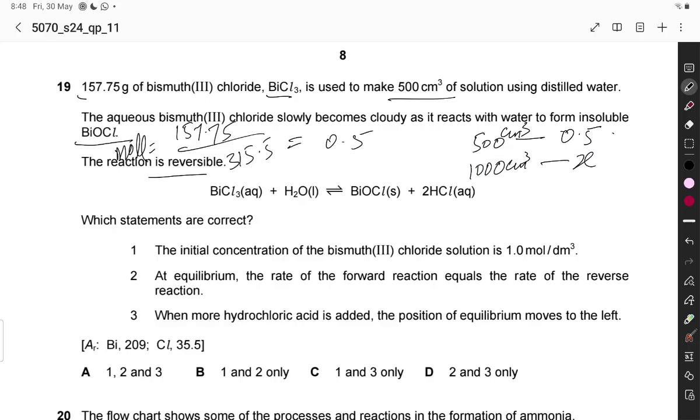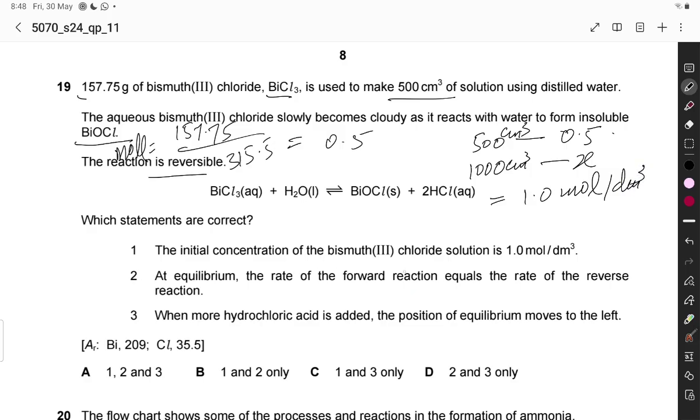Ratio: x into 1000 divided by 500. So this is equal to 1 mole per dm cube.